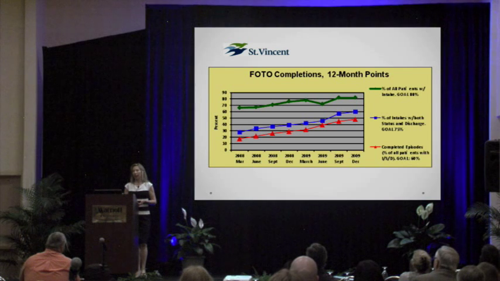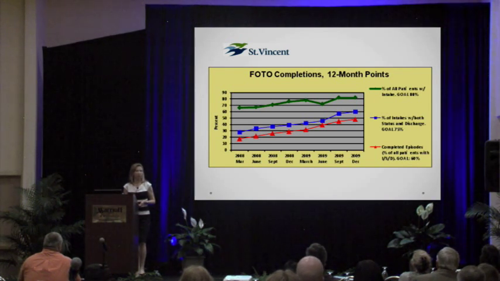This is a slide from QI data that I presented in the 2010 photo conference, and I brought it back just to share once again how humbling it can be when you pull the data. This was our data.